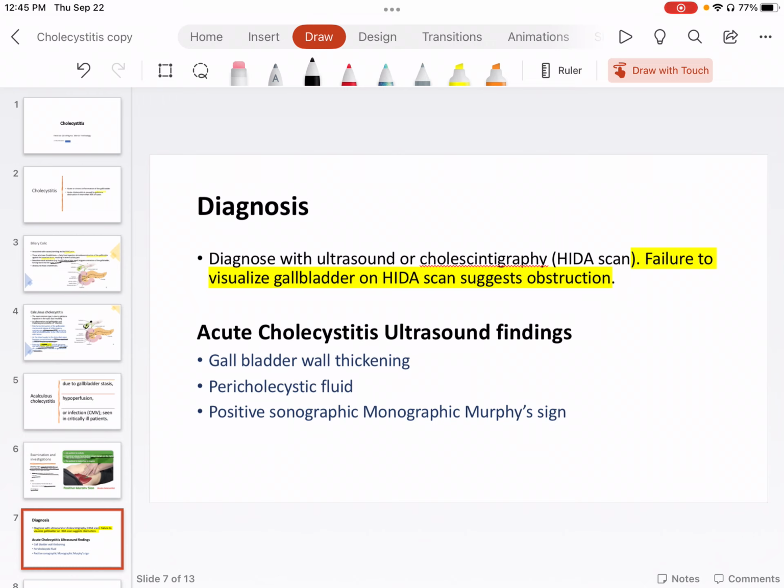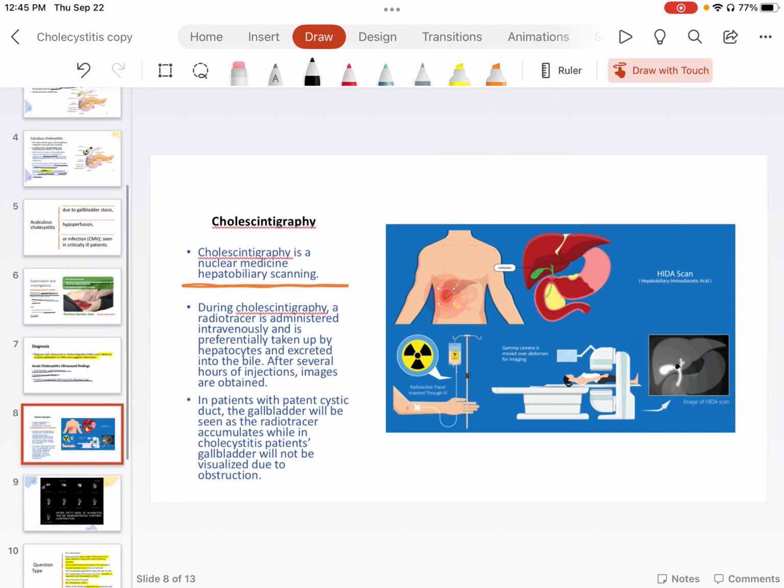Acute cholecystitis ultrasound findings are gallbladder wall thickening, pericholecystic fluid, and a positive sonographic Murphy's sign. Now, what is cholescintigraphy? Cholescintigraphy is a nuclear medicine hepatobiliary scan.